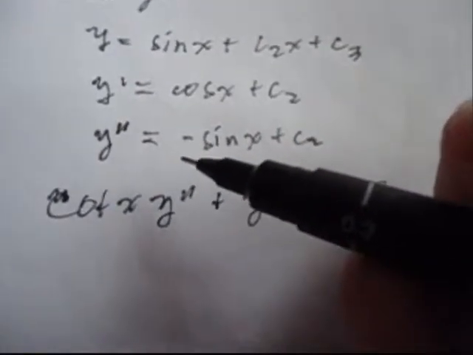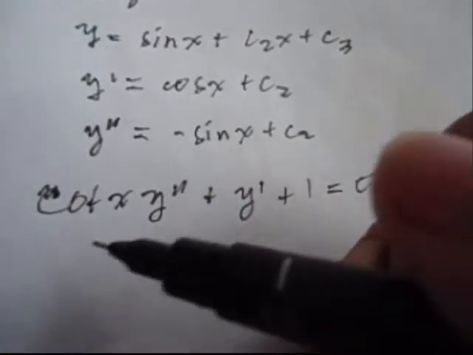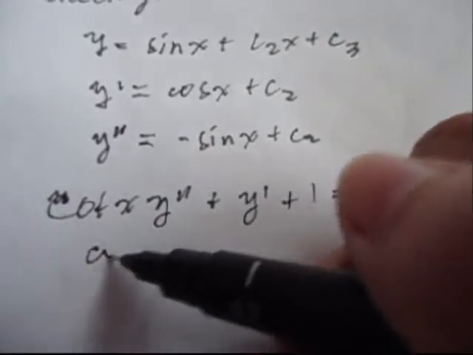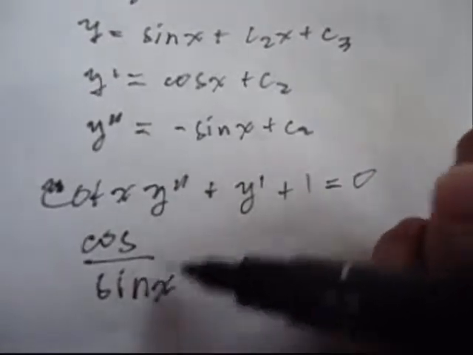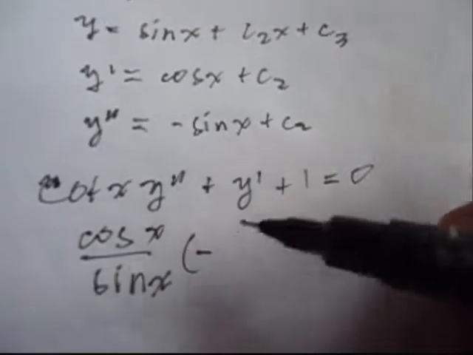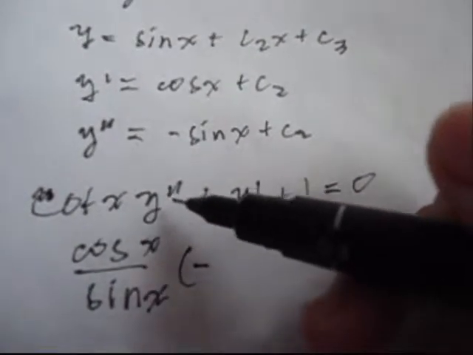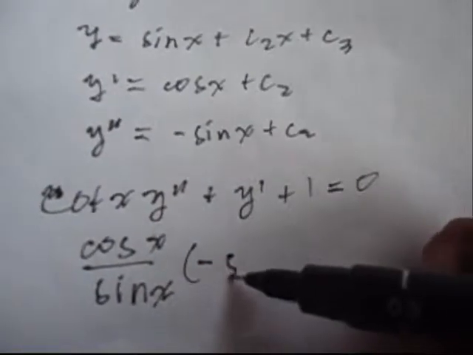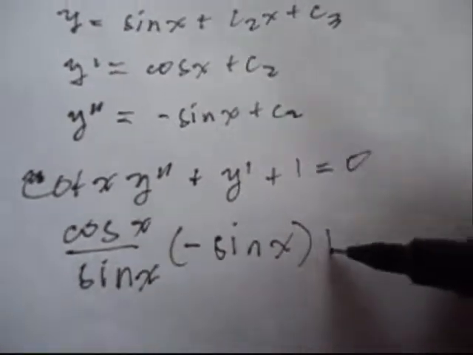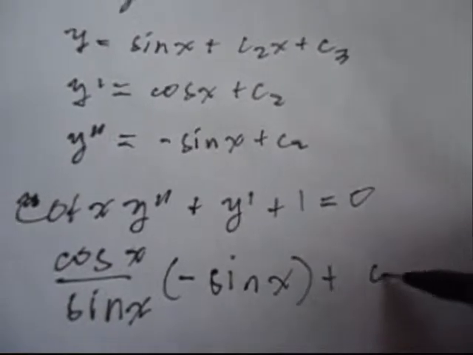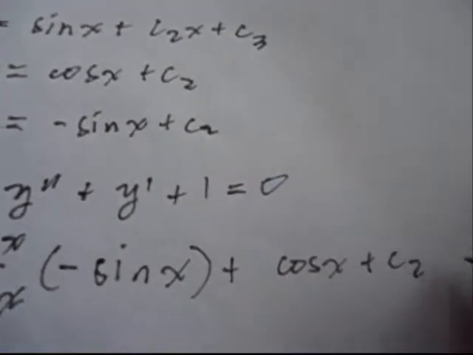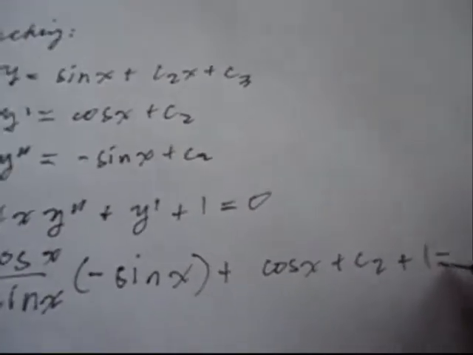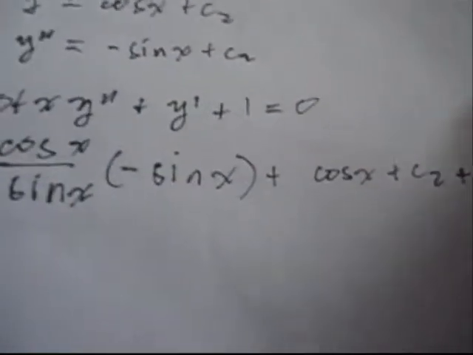So we have now cotangent x, which is cosine over sine x, times the second derivative of y, which is negative sine x, plus the first derivative of y, which is cosine x plus c2, plus 1 is equal to 0.